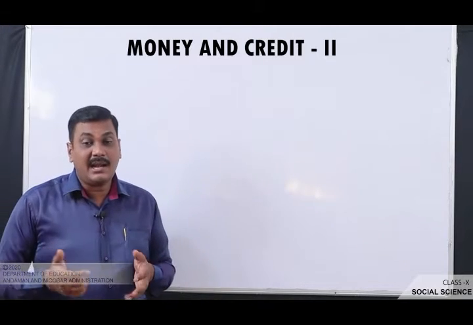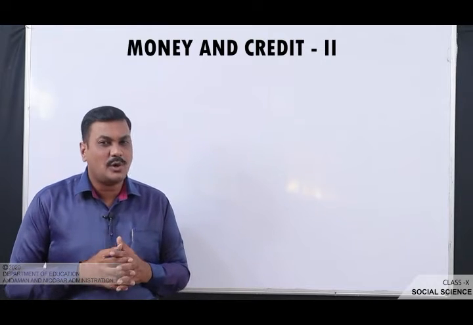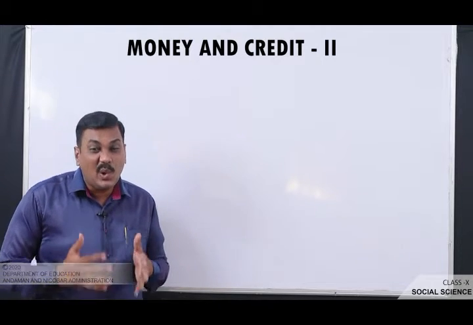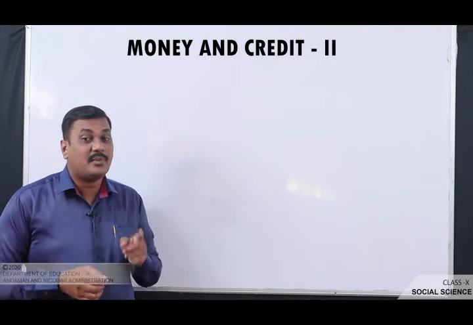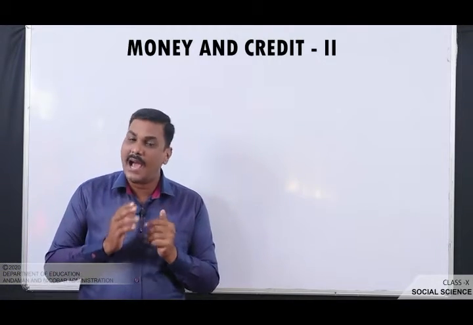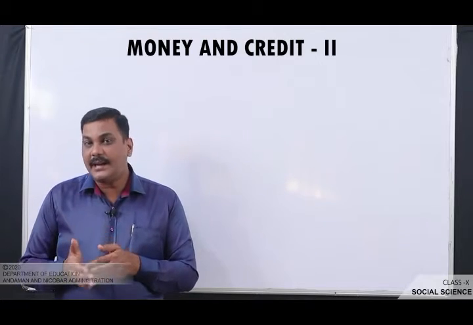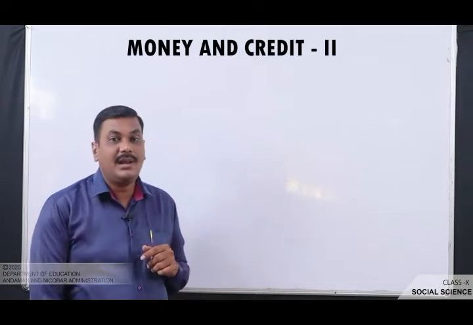Long process and high documentation. Third, less autonomy in utilization of funds. Fourth, difficult to get a loan to meet small financial needs. And the fifth one, it grants loans only for projects that are productive in the eyes of the lender, the banks. Banks are located far from the borrowers, particularly in rural areas.